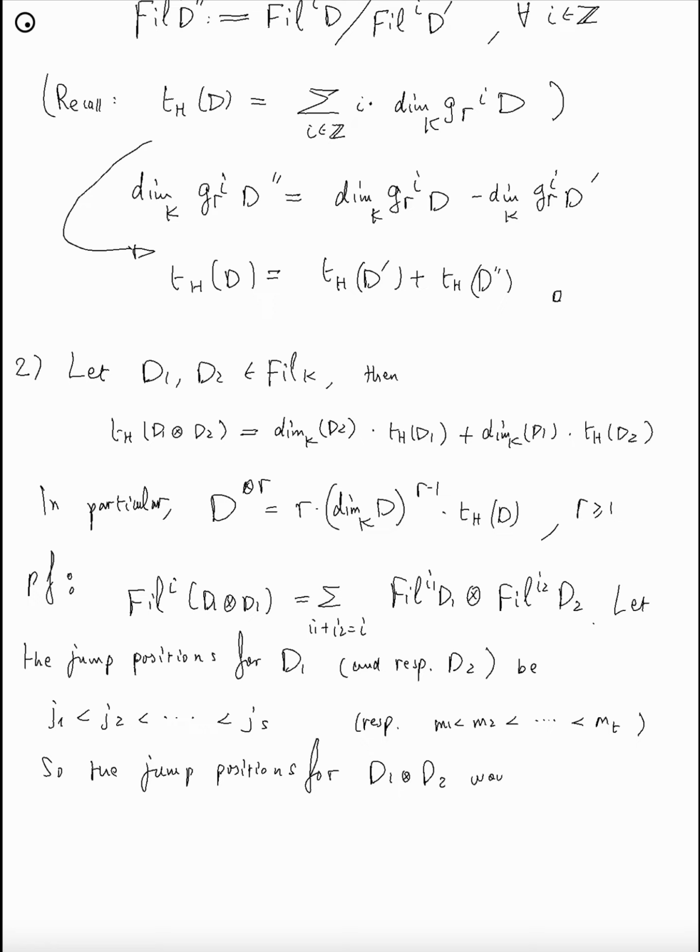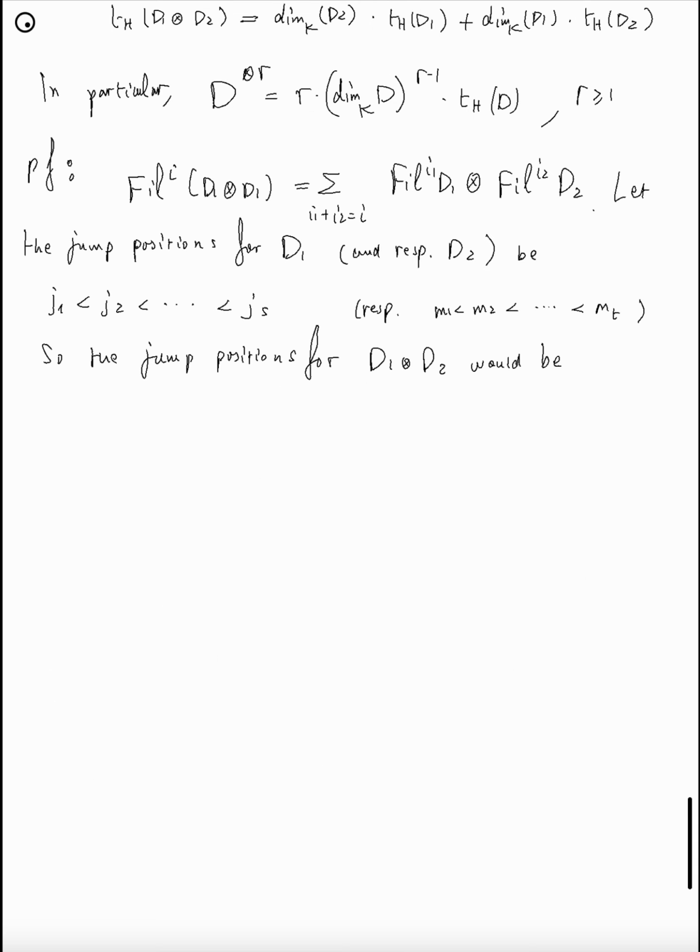It would be J1 plus M1. I mean, all the possible combinations of pairs that give me different integers.